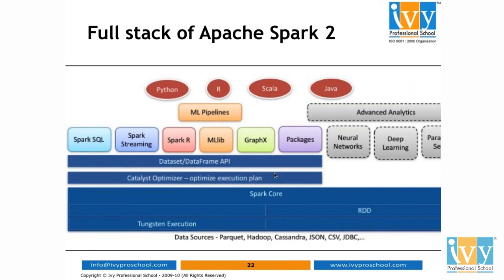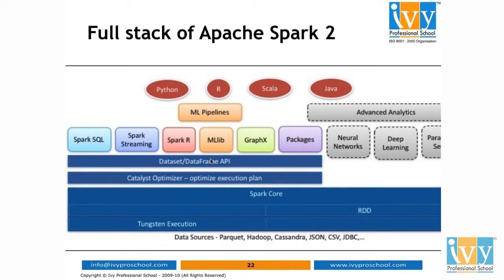So this is the newer version, Spark 2. In this course I'll be telling you about the latest version in the industry, Spark 2. This shows the stack: we have the Spark core, then RDDs, the basic abstraction, and these libraries: Spark SQL, Spark Streaming, SparkR, Machine Learning, GraphX.